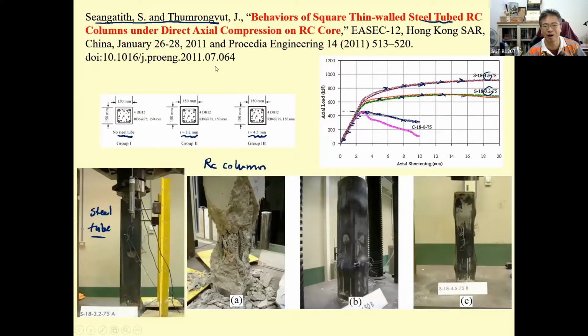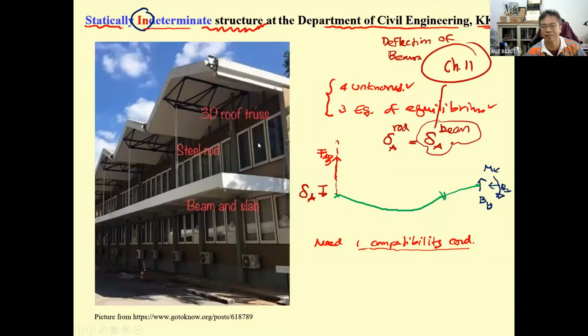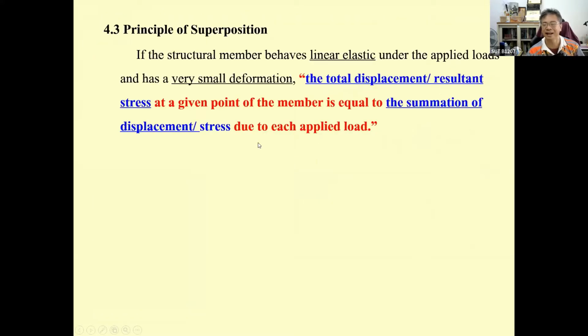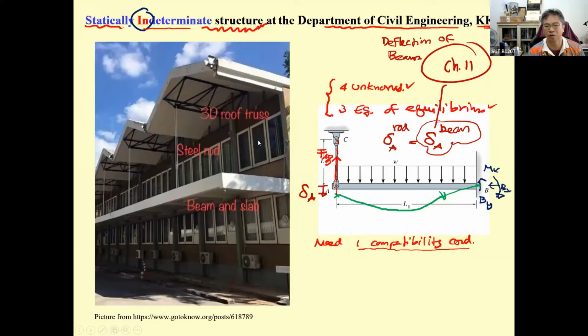From now on, the problems are going to be easier, okay? But before you can do this, you have to consider the structure separately. For example, for this one, you have to consider the deformation of the rod, and then the deformation of the beam.